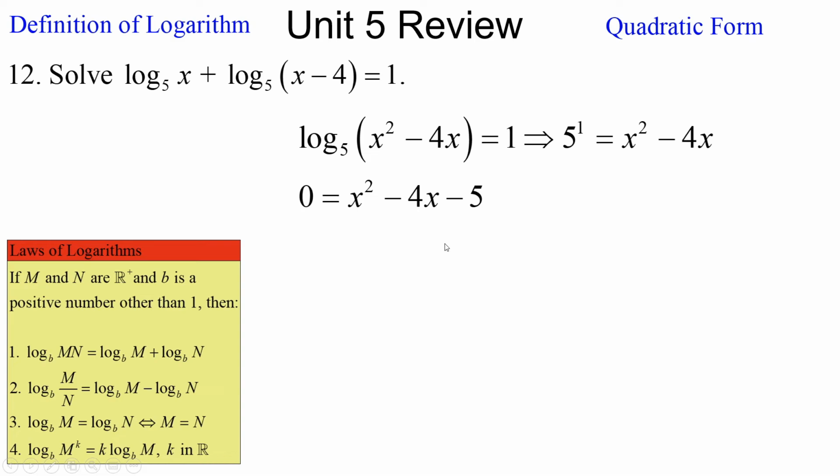And now solving quadratics, well, I'll bet that's factorable. X times x, and I need a product of negative 5 and a sum of negative 4. How about a minus 5 and a plus 1? So by the zero product property of algebra, which we have been talking about all year, you guys right now are going to tell me that x could either equal a 5 or a -1. And a lot of you will say, I'm perfect, I'm done.